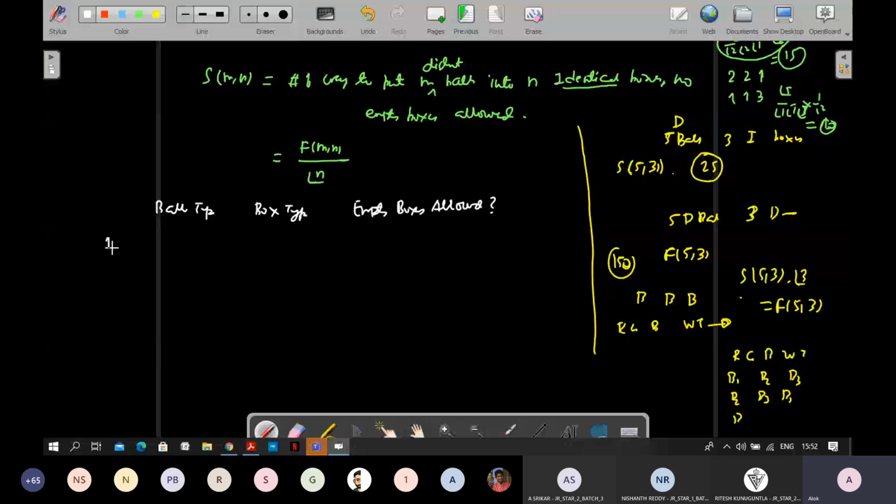So this is the 1A result. For my 1A result, ball type is distinct, box type is distinct. Empty boxes allowed: yes. For 1B: no. I will write 1A, 1B.